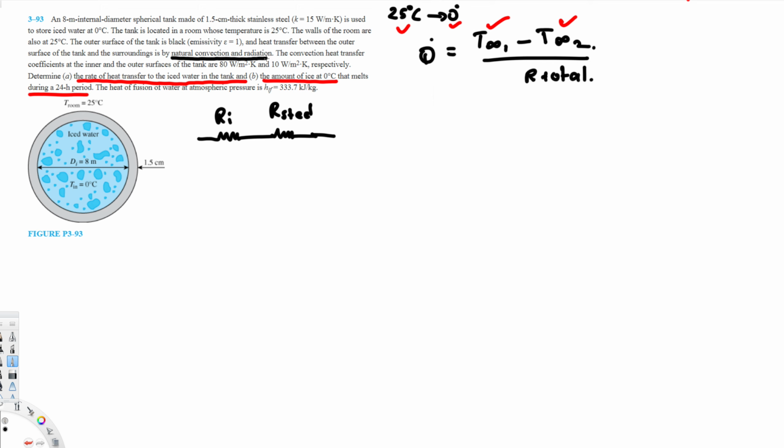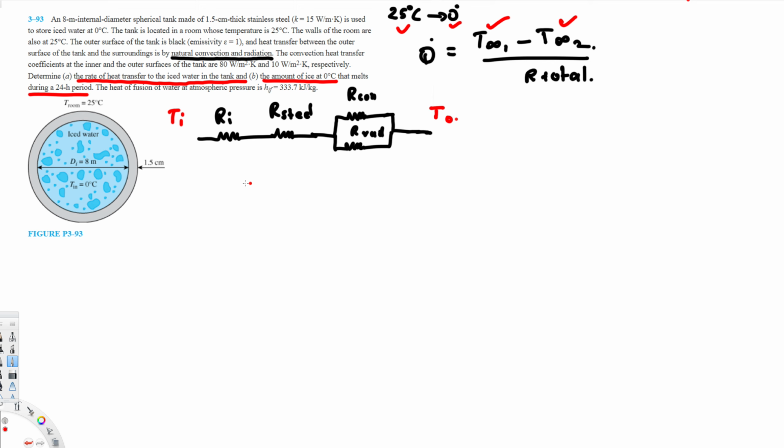So we are going to have two resistances right here, convection and radiation. So let's say this is our convection, our radiation outside, and that is it. Those are the resistances we have, and this is going to be temperature inside, temperature outside, right?